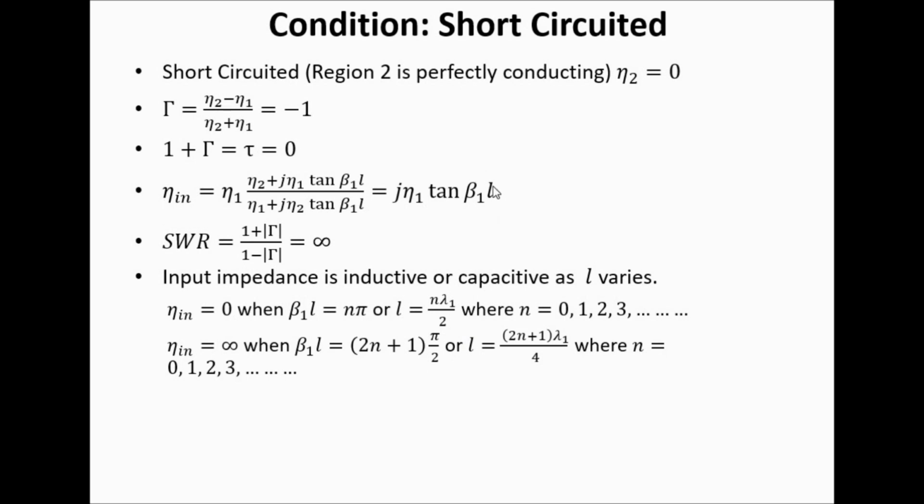As you know, tan theta varies from negative infinity to positive infinity. It could be 0, it could be infinity. So if you put beta L equal to n pi, or L equal to n lambda over 2, then the input impedance will be 0 at that point.